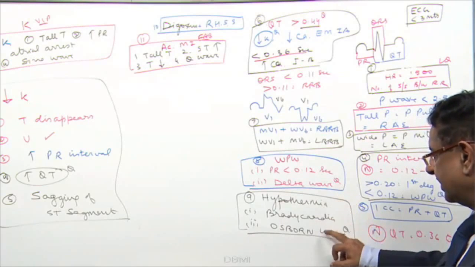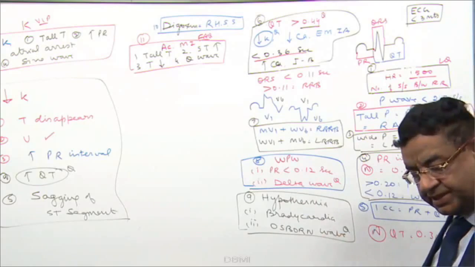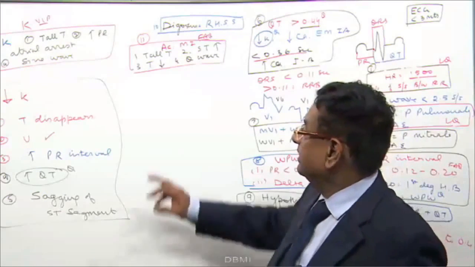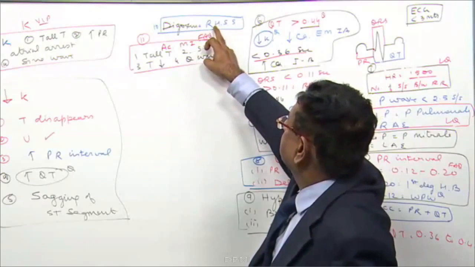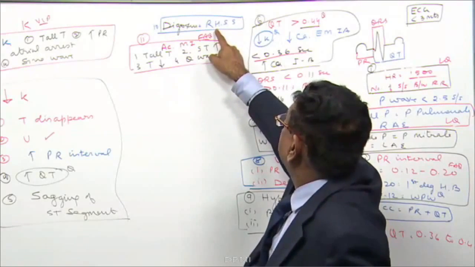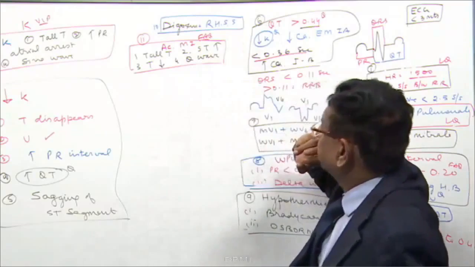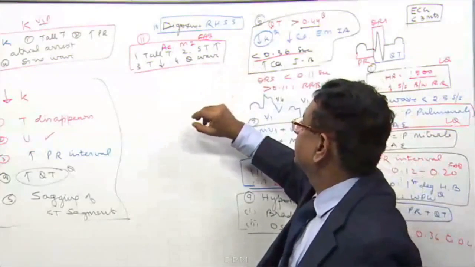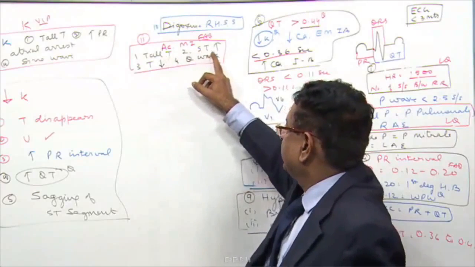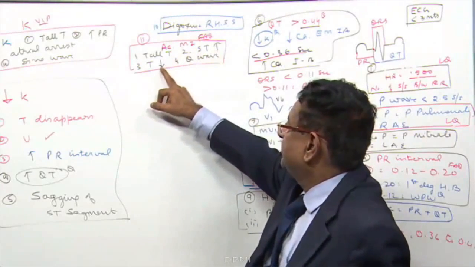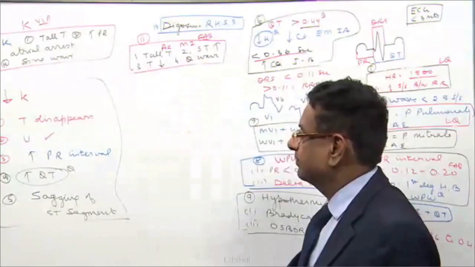In hypothermia, bradycardia and Osborne wave are seen. In acute MI or in digoxin, this thing, hockey stick sign, reverse hockey stick sign. In acute MI, tall T wave, ST elevation, T inversion and Q wave.